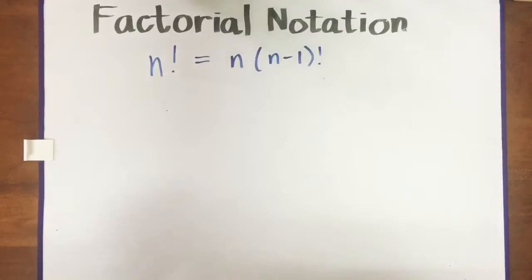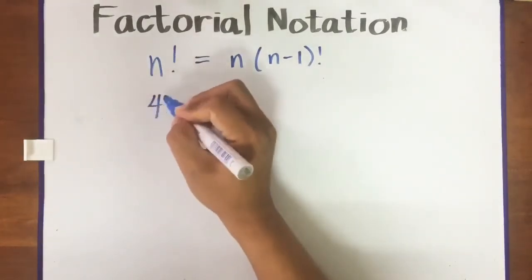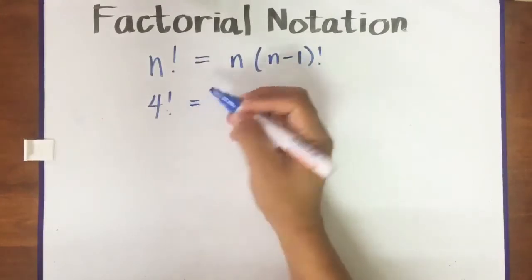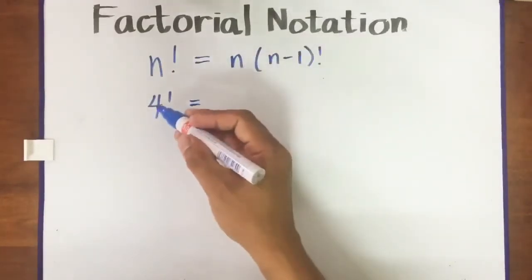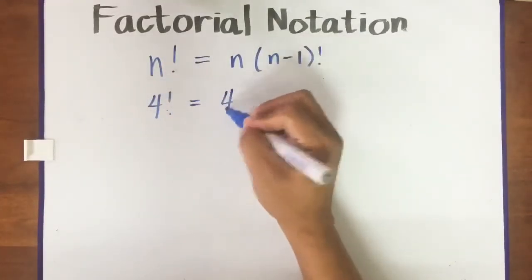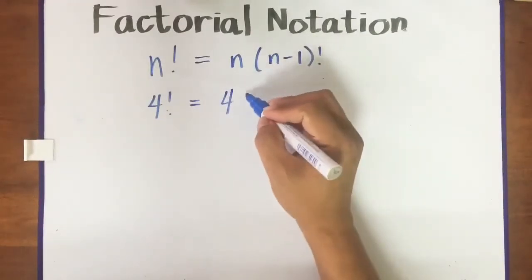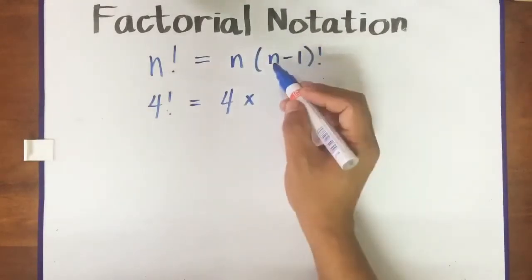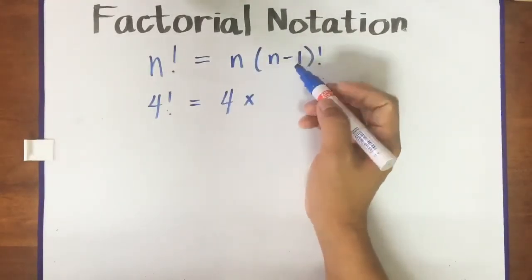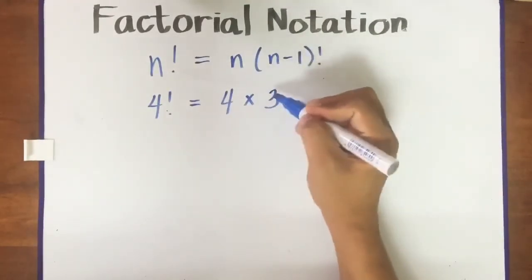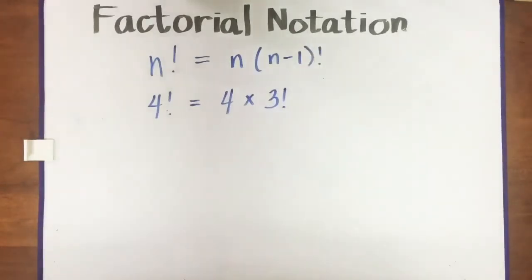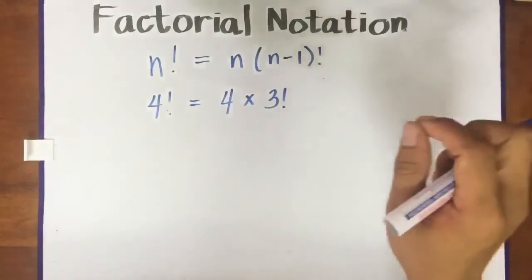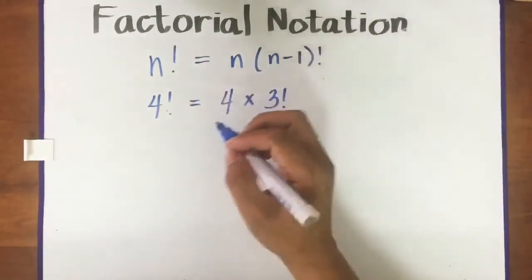Okay, example is 4 factorial. 4 factorial can be written as, since our n is 4, 4 multiplied by 4 minus 1, which is 3, then the factorial, and 3 factorial will still be the same thing if 3 is the value of n.